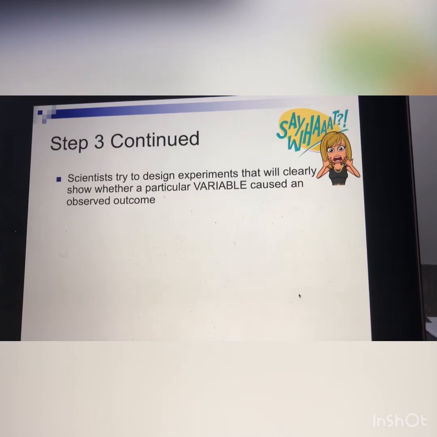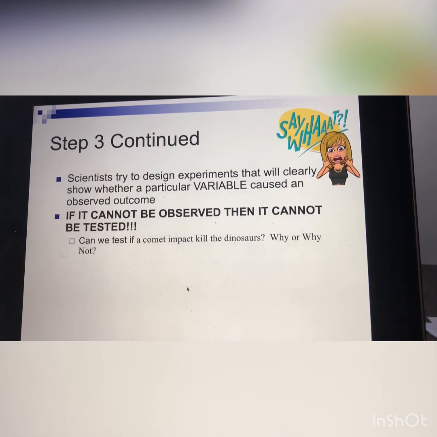Scientists try to design experiments that will clearly show whether a particular variable caused an observable outcome. So we want to know if moving the glass or having a glass in the back of the house or in the front of the house is going to change our observation on whether the sun is hot. If it cannot be observed, then it cannot be tested.